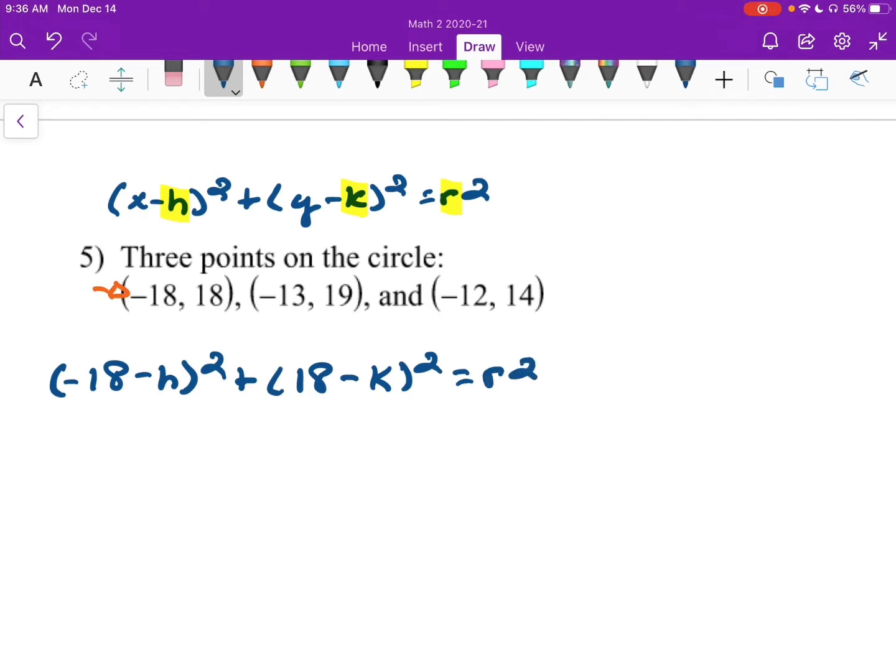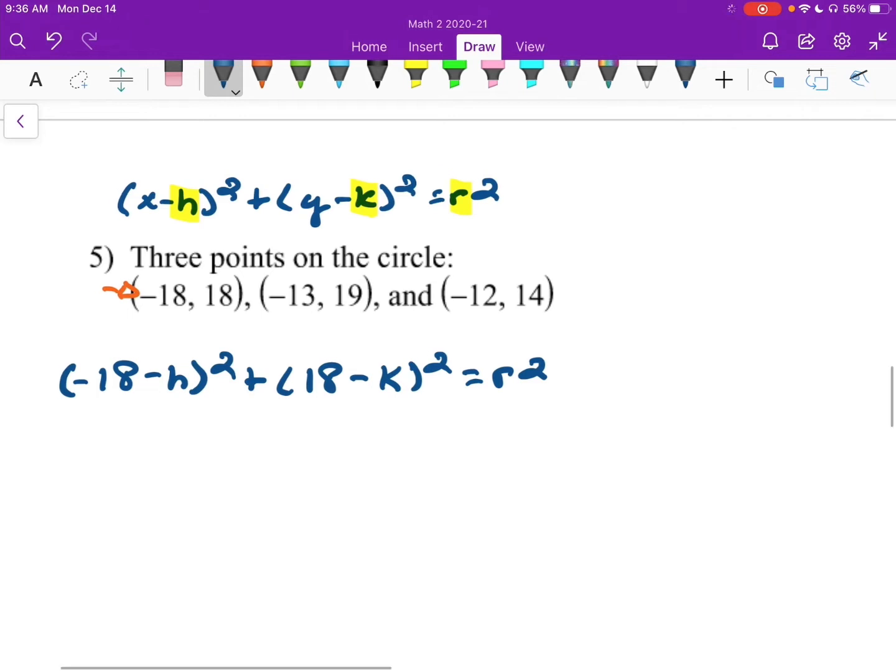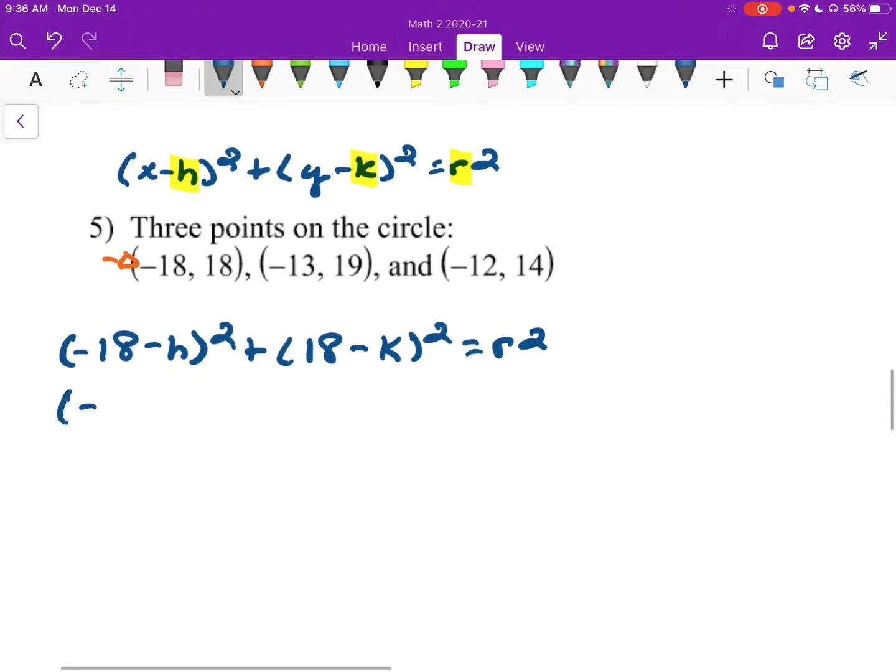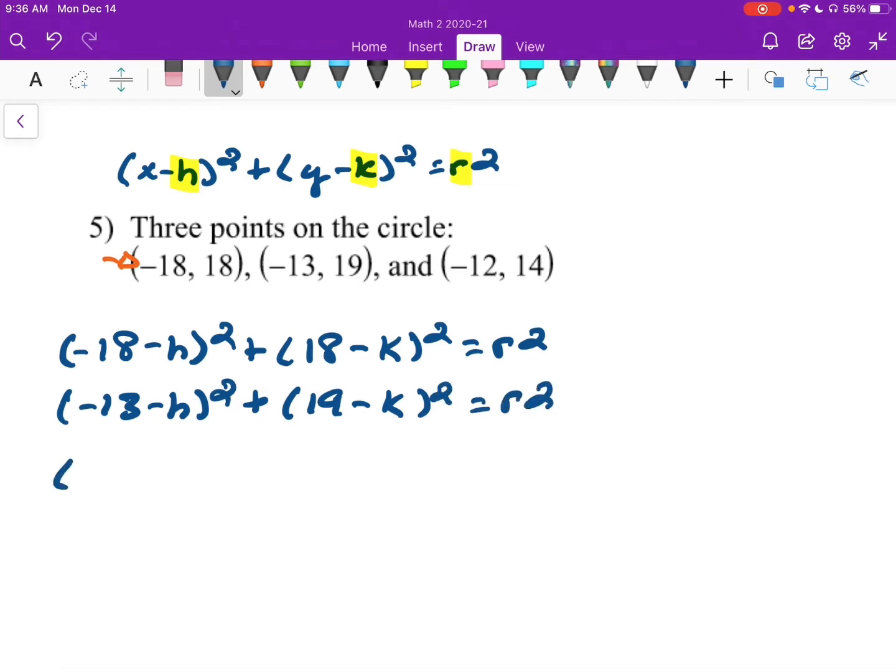I plugged in what I knew about that first point. The second point can make us another equation: negative 13 minus h squared plus 19 minus k squared equals r squared. And lastly, negative 12 minus h squared plus 14 minus k squared is r squared.